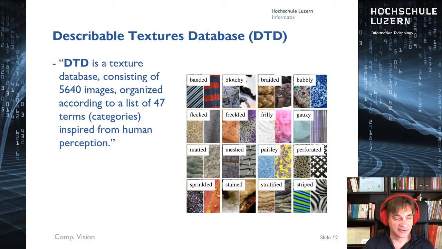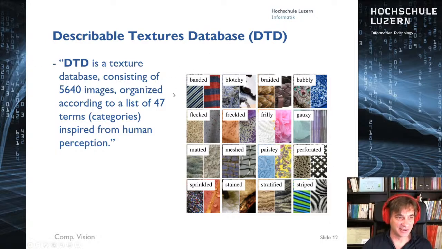There is also another data set that looks at textures a bit more from the human perception point of view, which I find quite interesting. So it's not really the technical texture behind, but something like how would we identify such a texture, or how would we call such a texture.